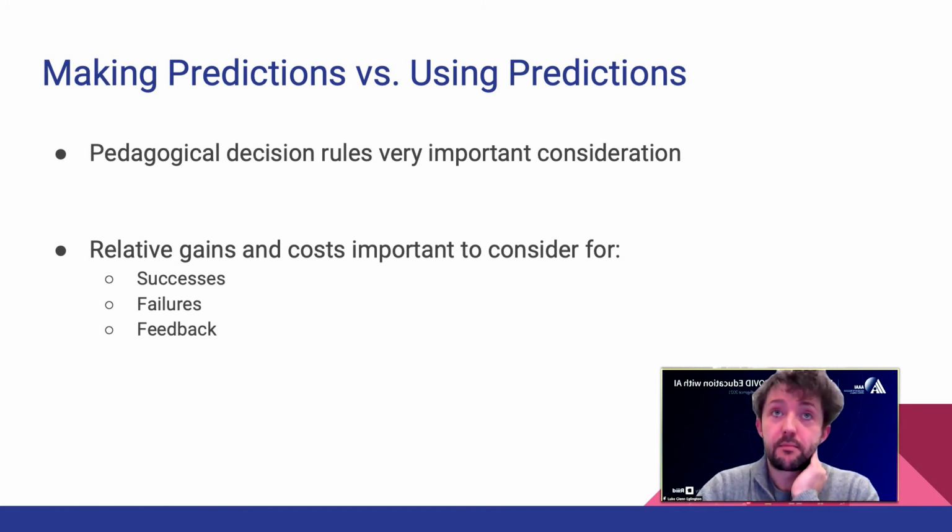So they learn very, very well from being incorrect, and surprisingly so. But successes can be very fast while providing learning gains. And so the relative gains and time costs of these different aspects of a learning event are really important to consider. And I see I have some questions here. But that's basically all the slides, I think.